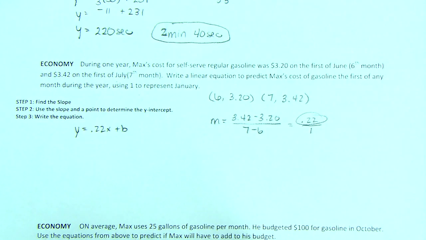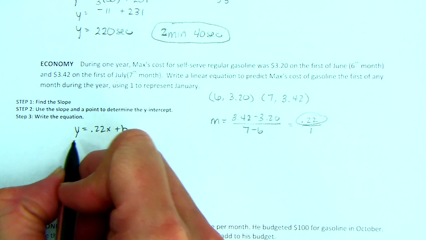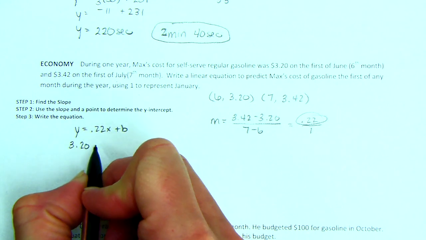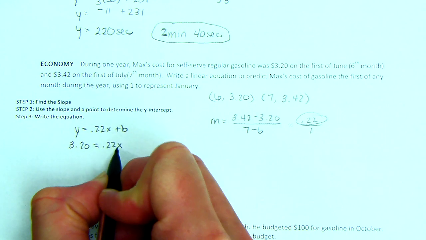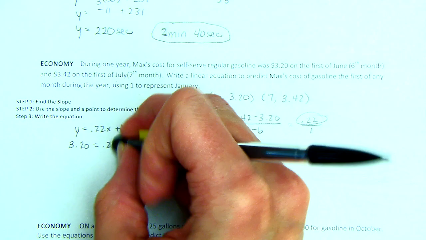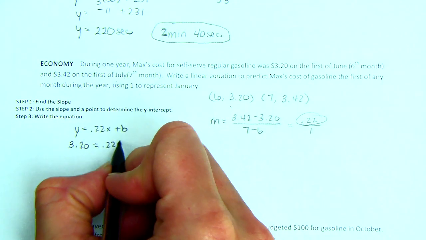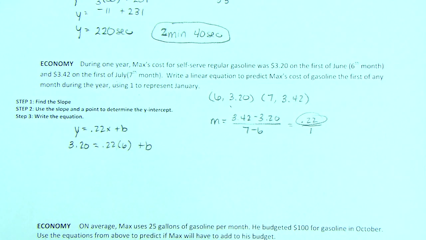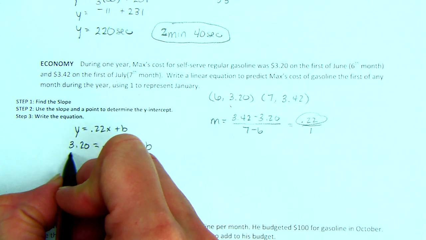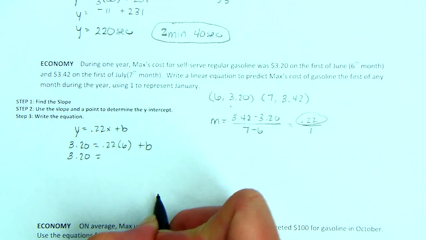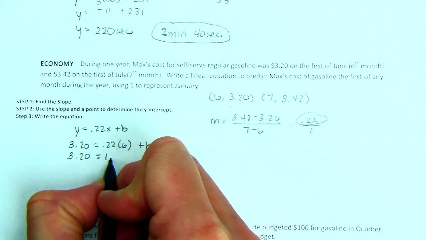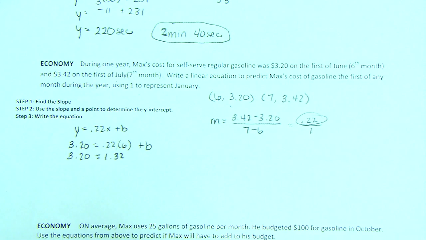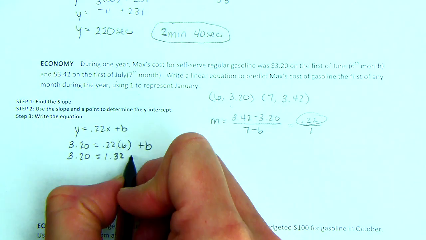Let's plug one of these in. So 320 equals 0.22 times, x in this case is 6, plus b. All right, so that's $3.20 equals $1.32, because that's what 22 cents times 6 is, plus b.